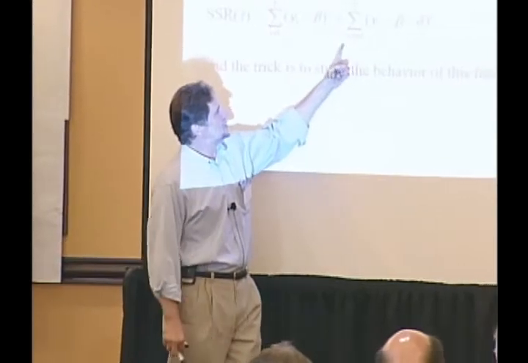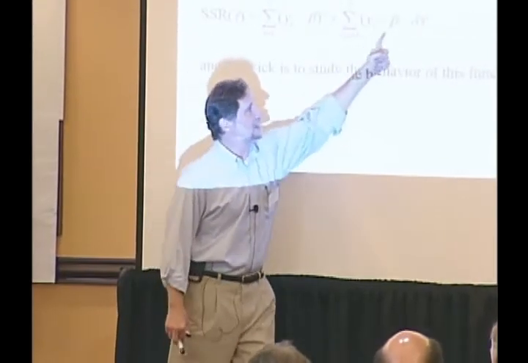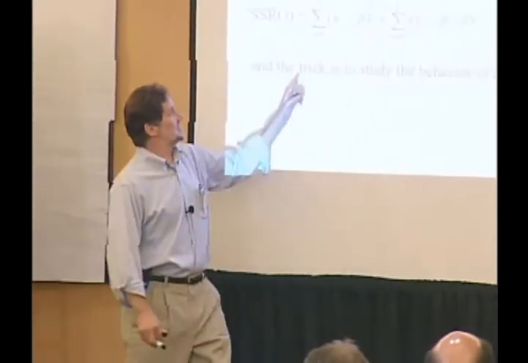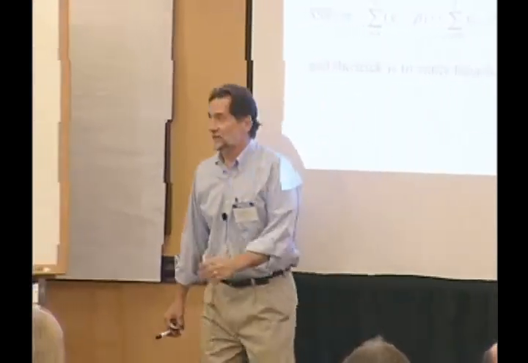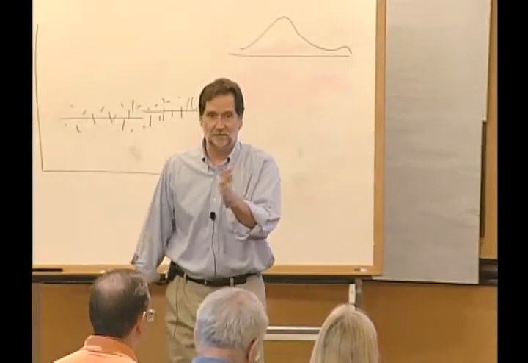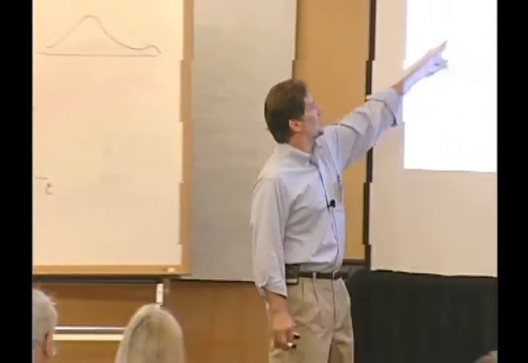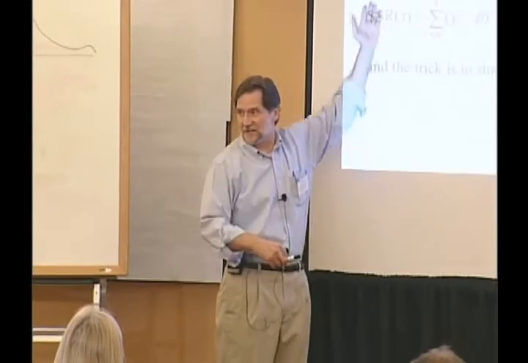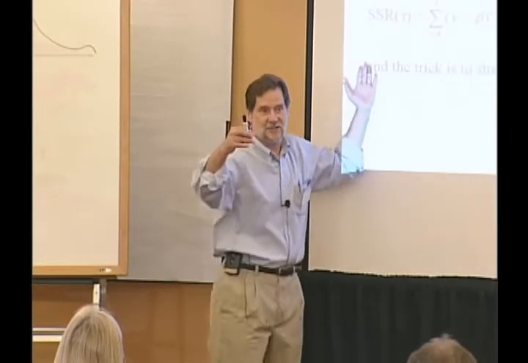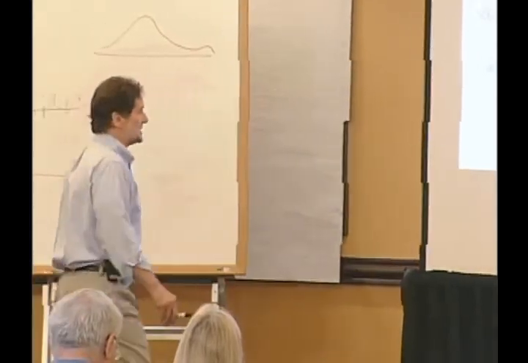The sum of squared residuals between time period tau plus 1 and T is this. And the difference is that the mean has changed from beta to beta plus delta. So that's the sum of squared residuals as a function of tau. Now I'm going to change tau, make tau bigger and smaller, see how this thing changes, and then choose the tau that makes this as small as possible. So that's the least squares estimator.